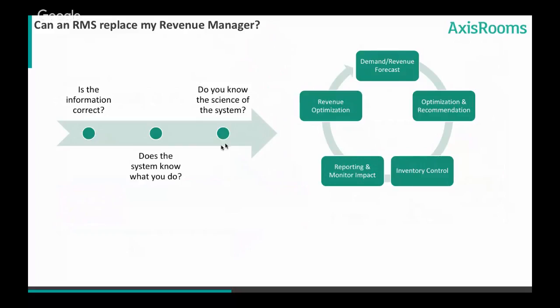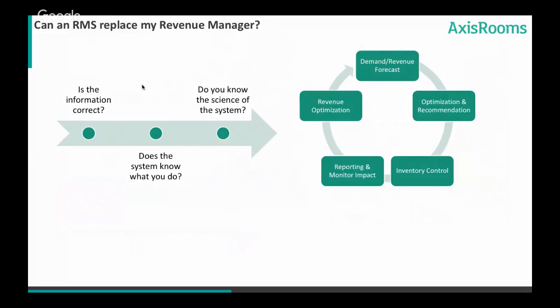And here, you can see other data points. Now, the revenue optimization cycle is what a revenue management system would do for you. This section here is what the revenue manager would do to ensure the revenue management system gives you the correct level of information and decisions that it should be making for you.